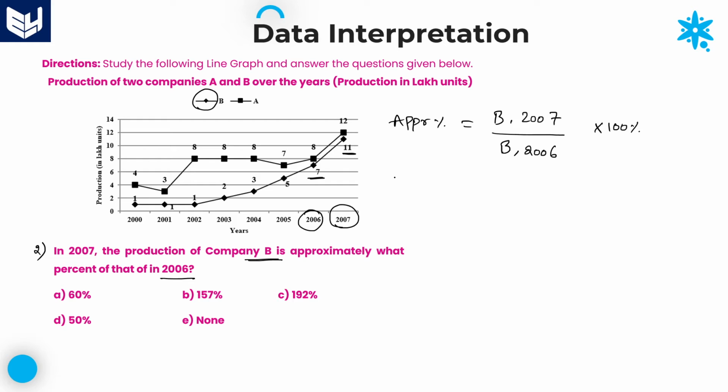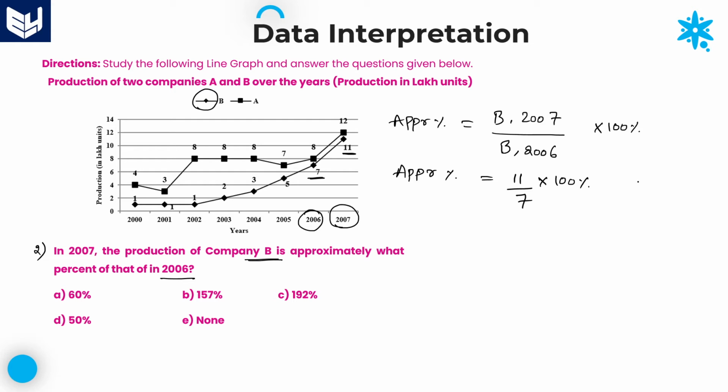Whenever you are calculating percentage, into 100 percentage symbol is the common point. Therefore the required percentage is equal to company B production in 2007, that is 11, divided by company B production in the year 2006, which is 7. 11 by 7 into 100.